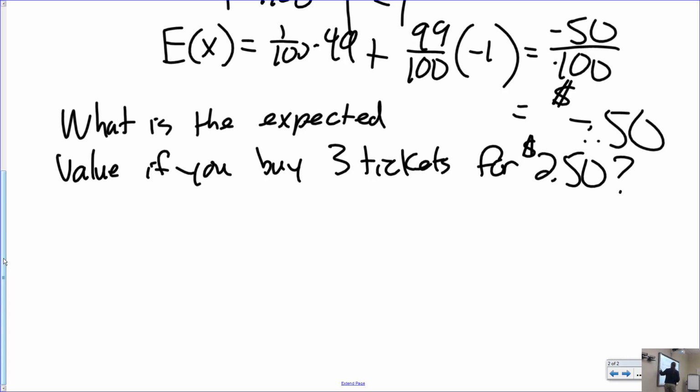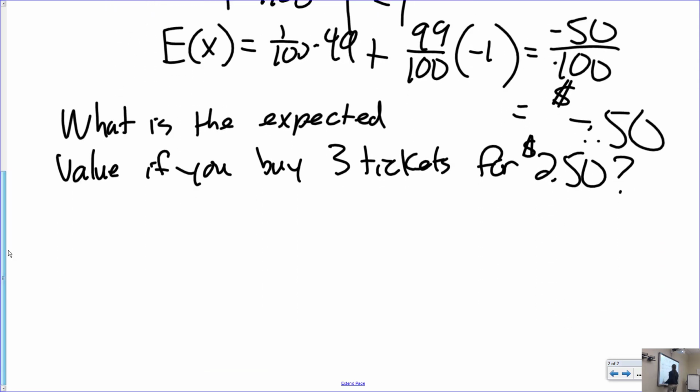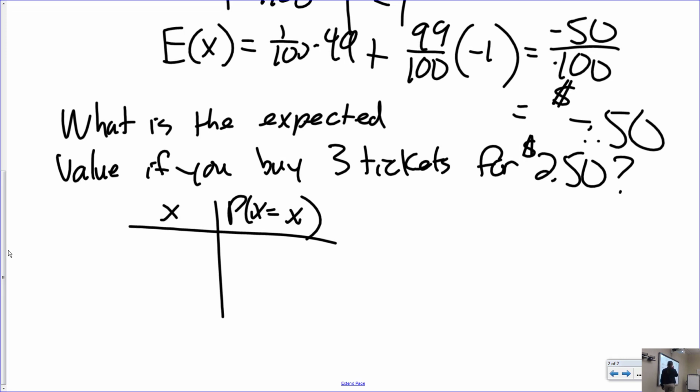So again, the general practice on each one of these is to create your probability distribution, right? So if you buy 3 tickets for $2.50, what's the probability that you win?